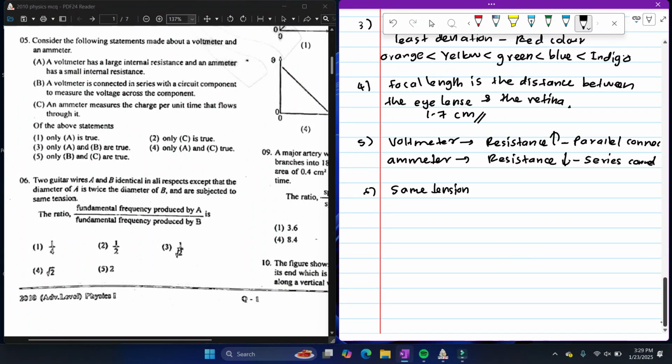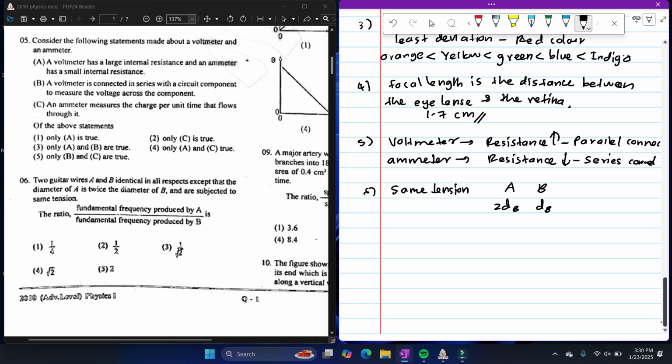You don't need to write these like this, but for better understanding, I'll write these special points separately. So there are two wires, A and B. The diameter of A is twice the diameter of B. If the diameter of B is dB, A is twice that, 2dB. So we need to find the ratio of fundamental frequencies of A and B.